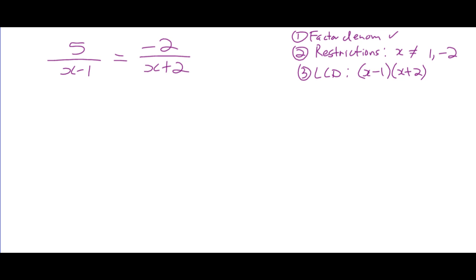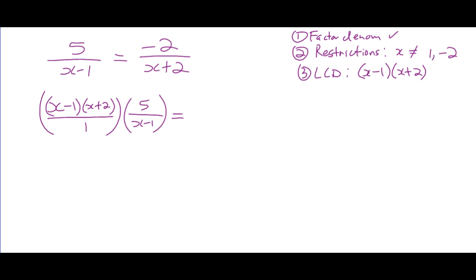Okay, next step. We are now going to multiply every term. In this case, there's only 2 terms. We're going to multiply every term by x minus 1 times x plus 2, and I'm going to put it over 1. I like that because then I have a 1 sitting in the denominator, times 5 over x minus 1 equals negative 2 over x plus 2 times x minus 1 x plus 2 over 1.